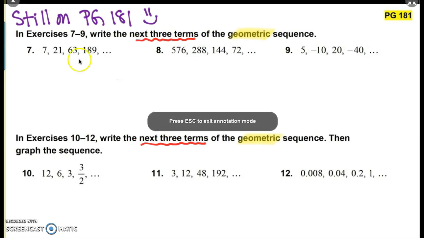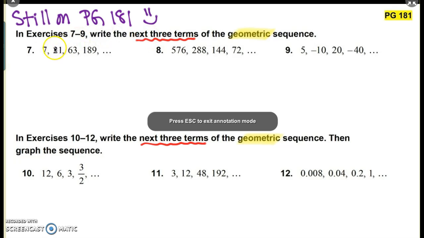And then I want you to go on to numbers 7, 8, and 9, and 10, 11, and 12. For 7, 8, and 9, you're already being told that this is a geometric sequence, so you don't have to determine that. It's been stated that all of these 6 are already geometric. You are only to determine what are the next 3 terms in the sequence.